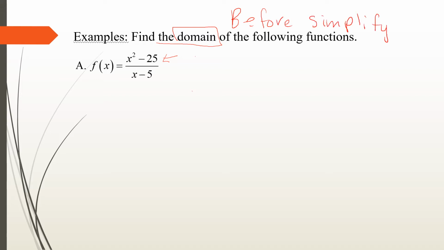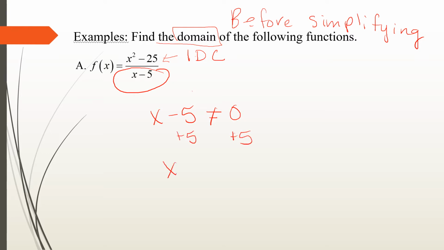And when we are looking at the domain, we don't care what the numerator is. So we're just looking at that denominator, and we're going to say that that denominator cannot equal 0. So if I add 5 to each side, I have x cannot equal 5.